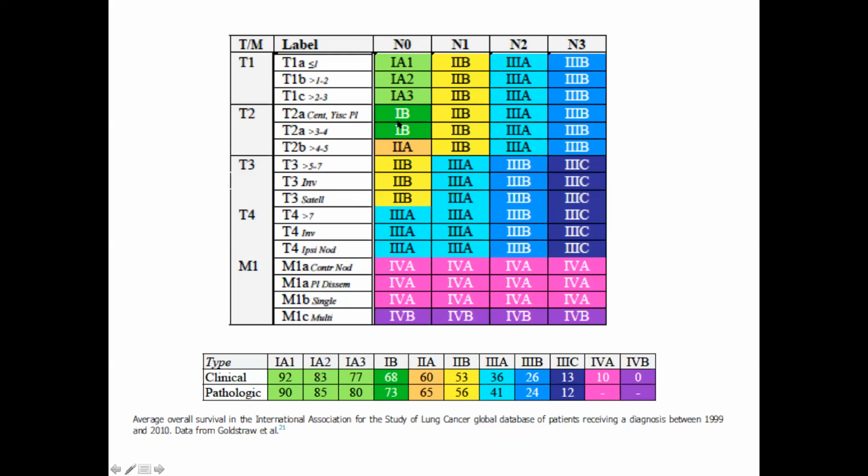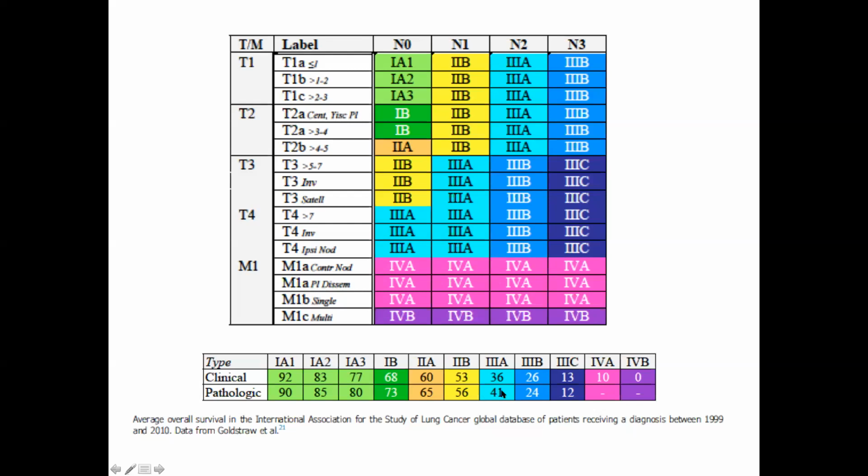Stage 1B, so the slightly bigger T tumors, but still negative lymph nodes, slightly worse survival. 2A, which is the T2A tumors with no lymph nodes, and then the bigger group T2B, which are either the slightly larger tumors or the small tumors with N1 involvement. They have, again, a 5-year survival of between 50 and 60%.